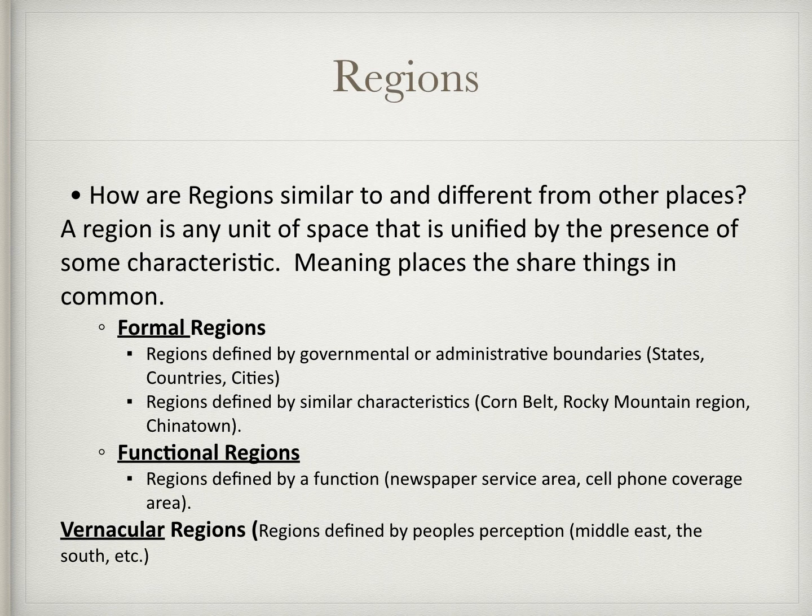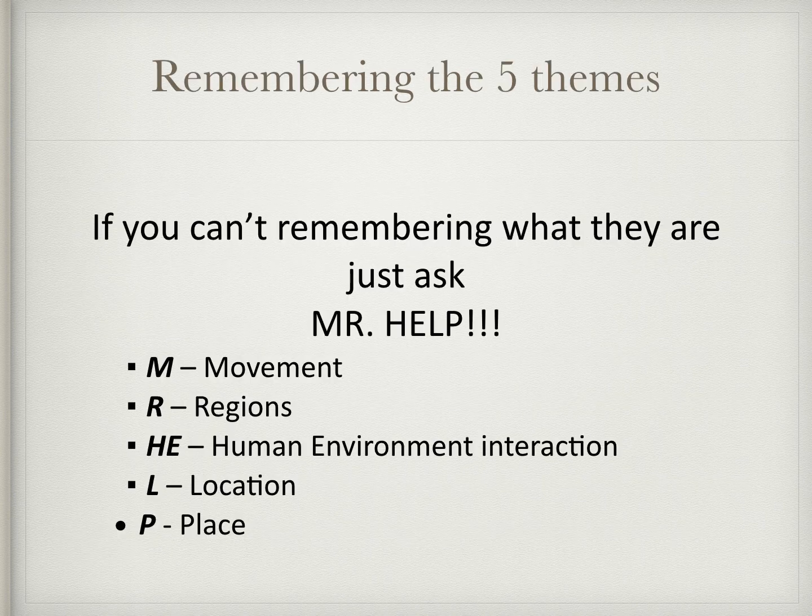And then you have your vernacular regions, defined by people's perceptions. If you have trouble remembering the 5 themes, you can always remember it by using Mr. Help. M is movement, R region, H-E is human environment interaction, L location, and P place.